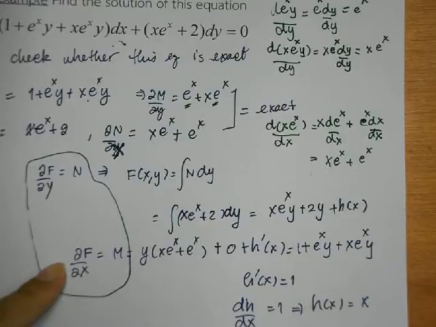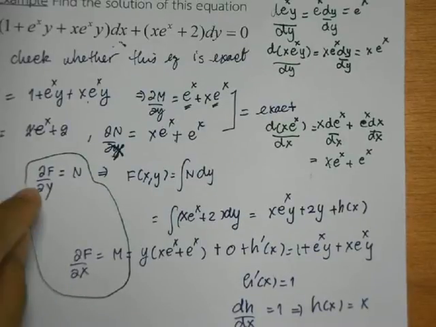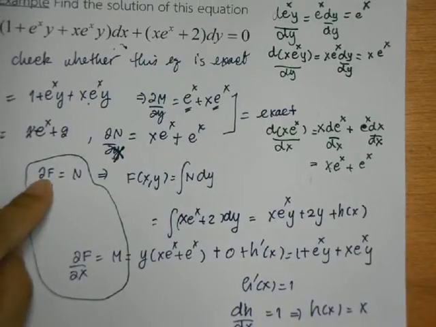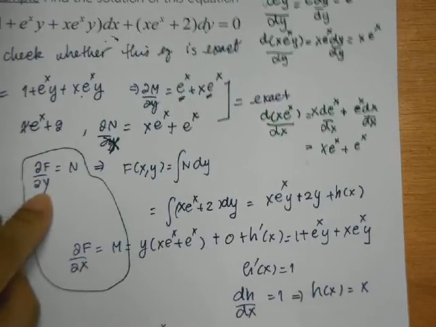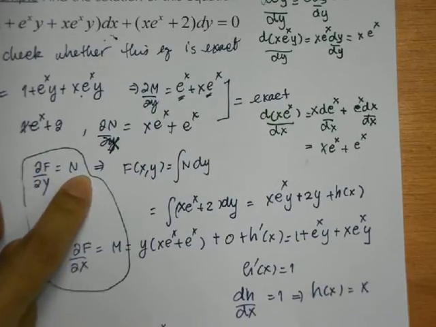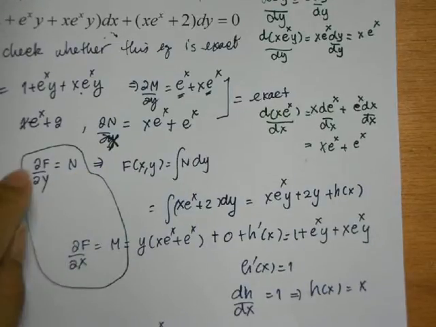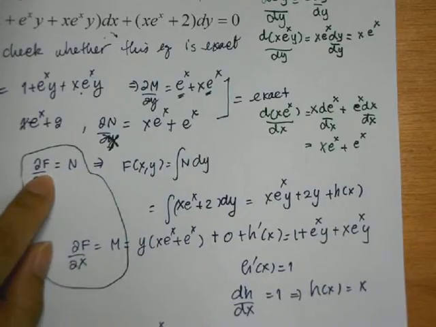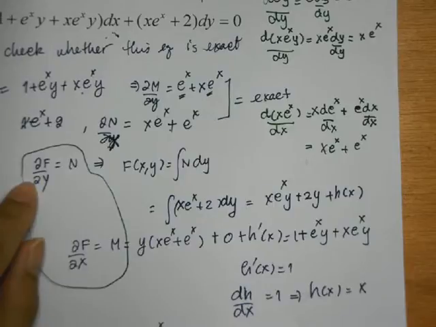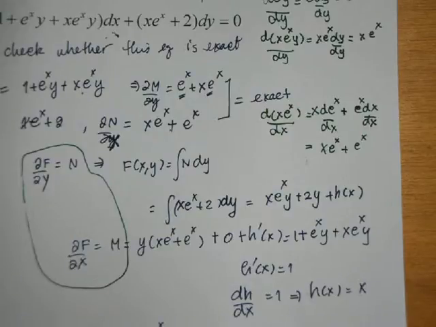Okay? Now, if we want to find this f, the way that we do it is just put dy to the same side as N. And this is f(x,y), but we write it with the curved d because now you have two variable parameters, which are x and y.